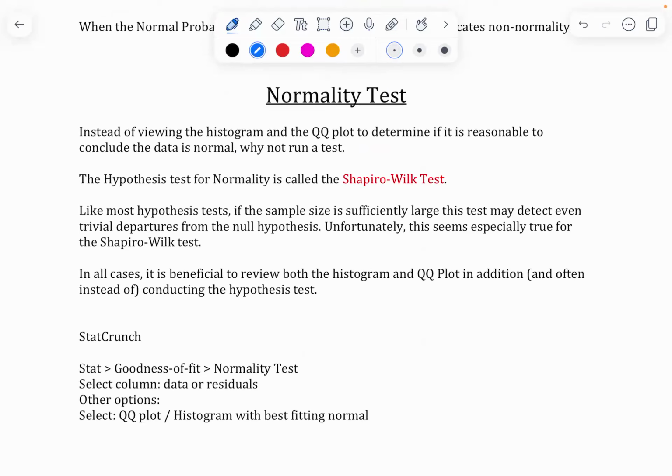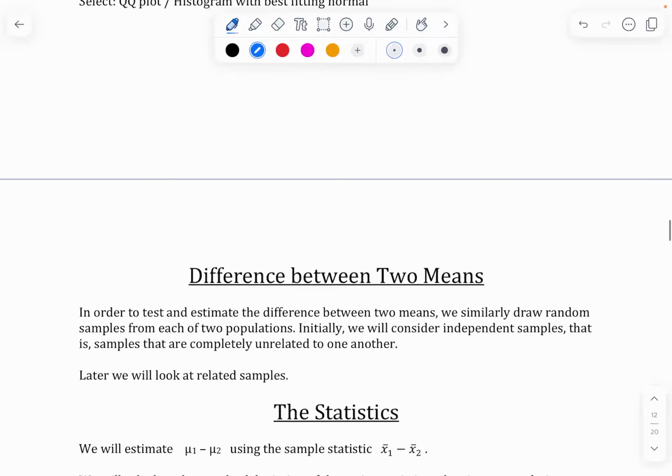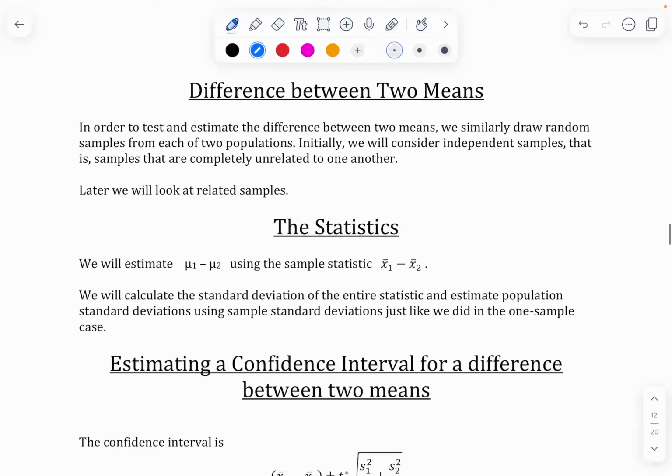We're going to see a few more examples, but this is all the exact same stuff that we saw in one sample means. Everything with two sample means has almost all the same translations that come from one sample means and then the expansion that we looked at with two sample proportions.